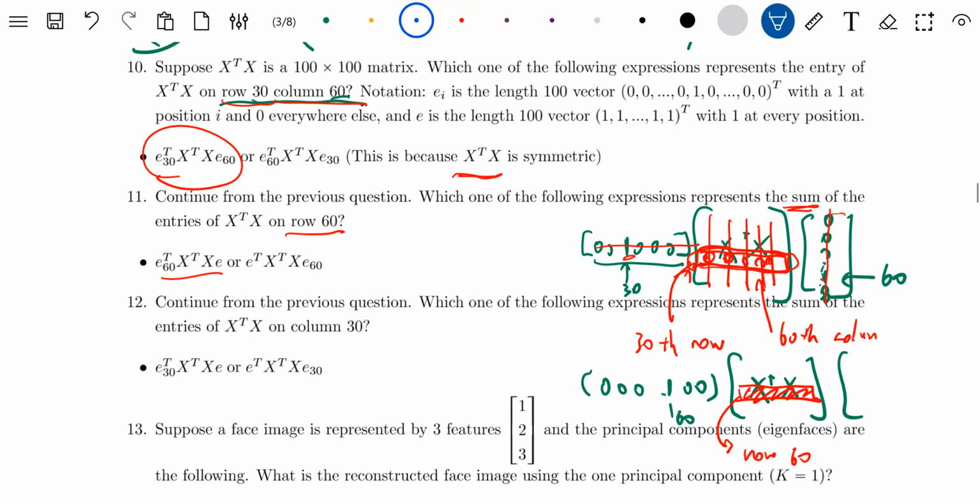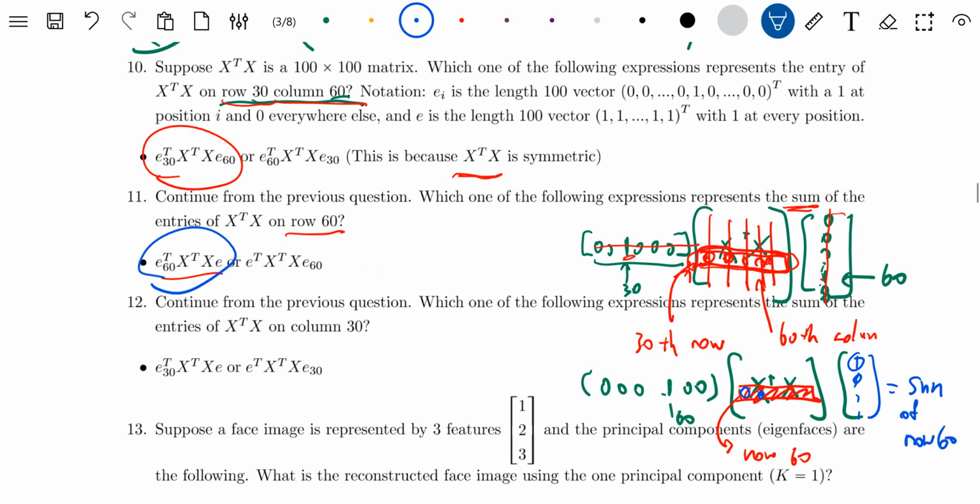If you do this multiplication, and if you post multiply it by all the ones, then you are just saying this entry multiplied by 1 plus this entry multiplied by 1, basically summing them up. So that would be the sum of row 60.